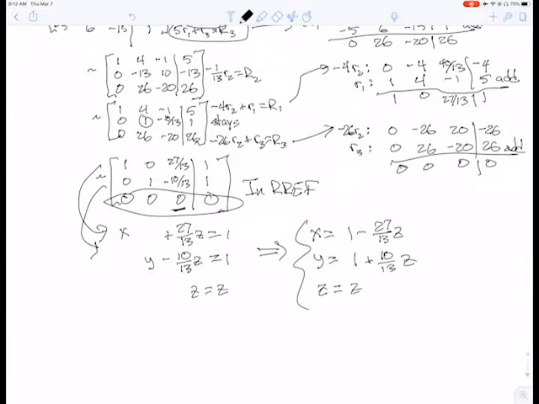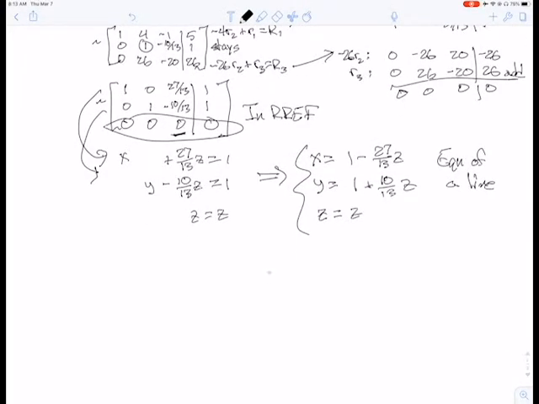And my claim is that is the equation of a line. It has one free variable, z, and that's what makes an equation of a line. If we wanted to make it look more like the equation of a line, I will simply replace the z. Whoops, that's 27. Let me fix this.